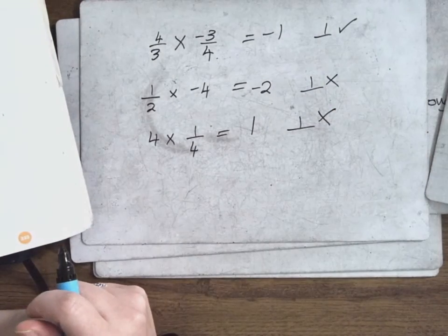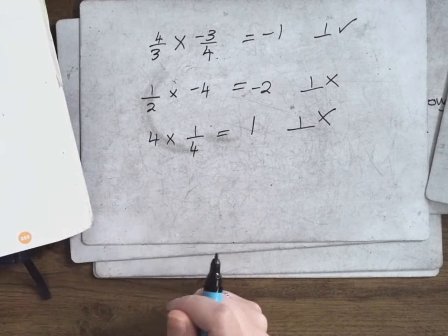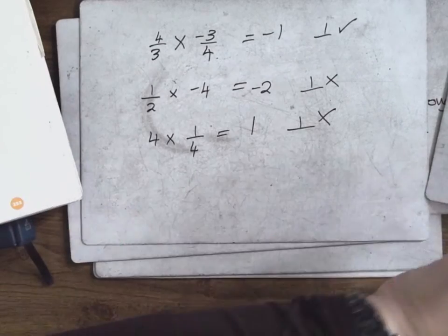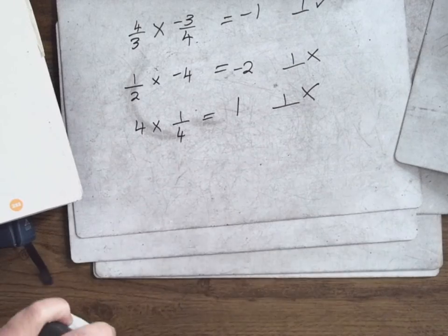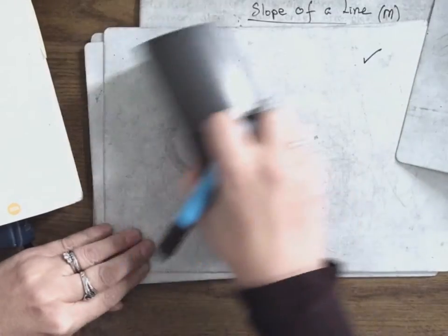Okay, are we able to prove 2 lines are perpendicular? Right. The last thing I want to do today is, if I give you the slope of one line, can you give me the slope of a perpendicular line?